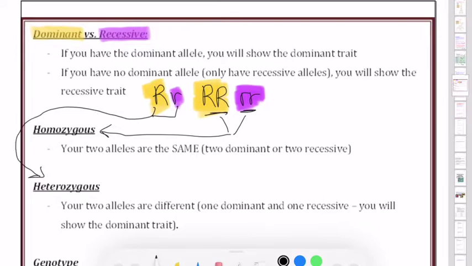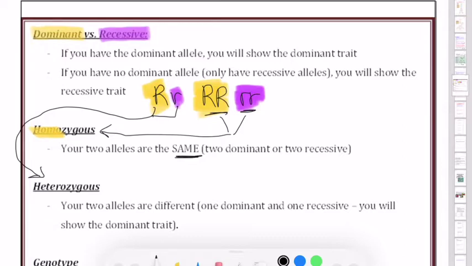heterozygous, okay? So homozygous, I always tell people homo, if you know the word homo, it means the same. So homozygous, you could think of homosexual, means you like people of the same sex. If that's what you need to remember that, whatever you need, homozygous, that means the same.